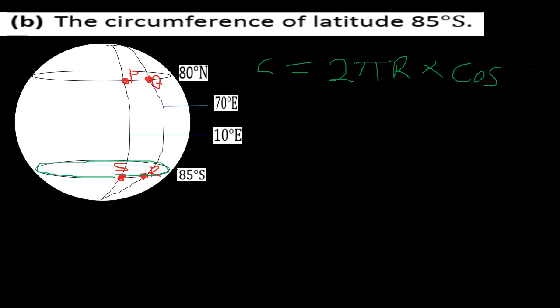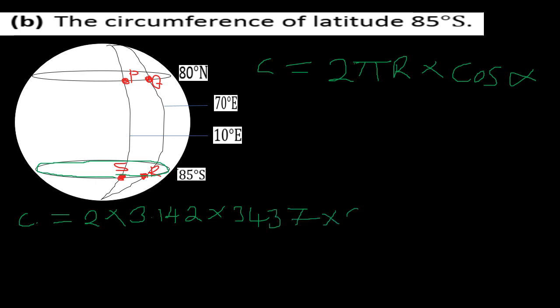Right, then to calculate this, we'll say circumference of latitude 85 degrees south is equal to 2 multiplied by 3.142 multiplied by 37, then multiplied by cos, then the alpha is simply the latitude that we've been given, so in this case it's 85 degrees.